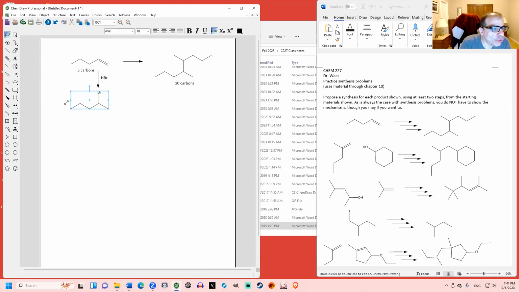And that puts a functional group in that position that we can then use in order to form this new carbon-carbon bond.